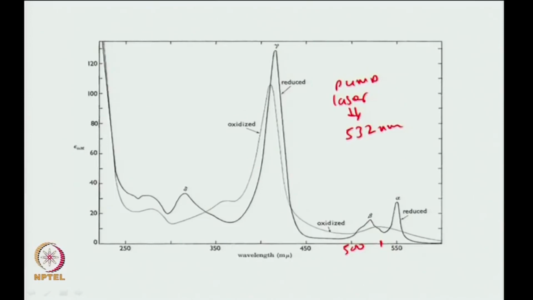So, please remember, I am talking here about the reduced one. That means, the ones with the alpha and beta, not the other one. This is the reduced cytochrome I am talking about. Okay. Now, that is a different thing, but anyway, at 532 nanometers your sample does have an absorbance. So, you would absorb that light, and then your bond fission would occur, and after that you can do your experiment as you are supposed to.